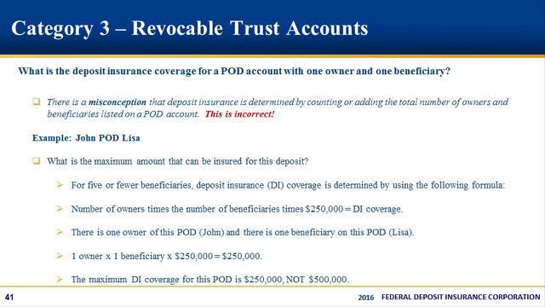This is incorrect. To explore this issue, let us look at the first example where we will assume that John is opening a payable in death account, naming Lisa as the beneficiary of the deposit if he predeceases her. Assuming this is the only revocable trust account John has at this bank, what is the maximum insurable amount of deposit insurance coverage for this account?